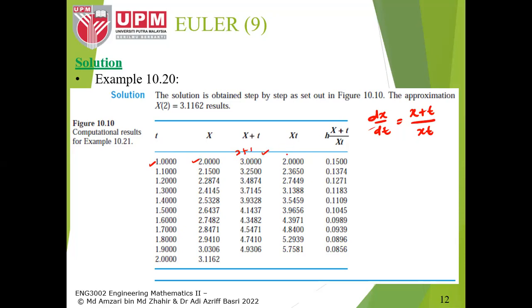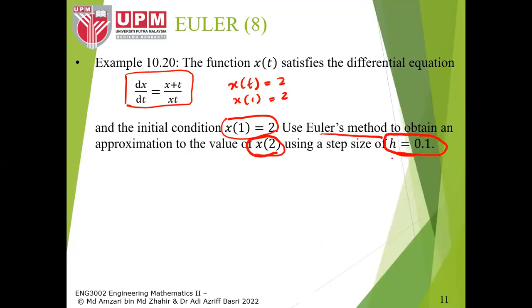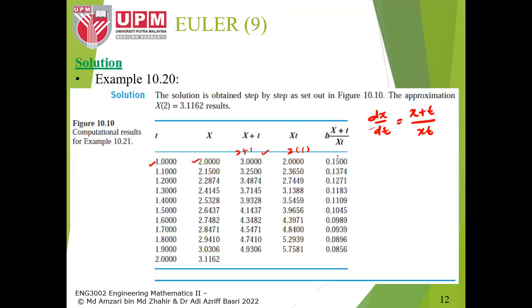Then xt, which is 2 times 1, equal to 2. Then you need to calculate with the time step. Here we know that the time step h is 0.1. So the next column is h, 0.1, times this function. So here it will be 0.1 times x plus t, which is 3, divided by xt, which is 2. So you will get this one. This is for the initial condition.